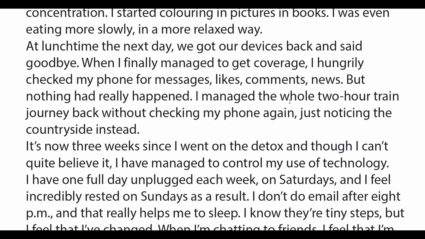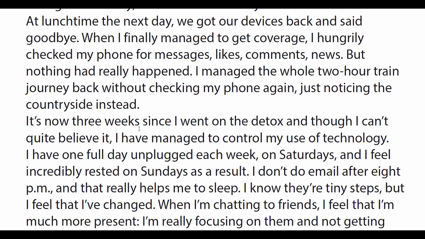И я сумела целое 2-часовое поездное путешествие назад без проверки моего телефона снова. Это слишком дословный перевод, но я стараюсь, чтобы со словами совпадало. Так, просто замечая загородную местность вместо этого.